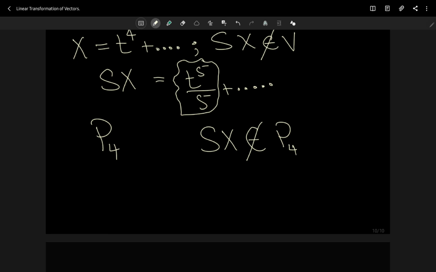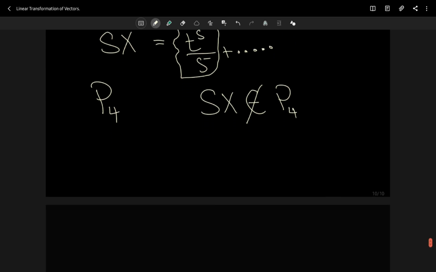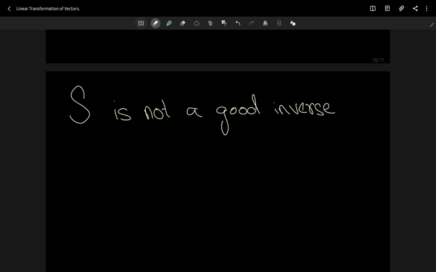Now, the punchline over here is that this S, or this integration thing, is not a good inverse to D, to the differentiation thing.